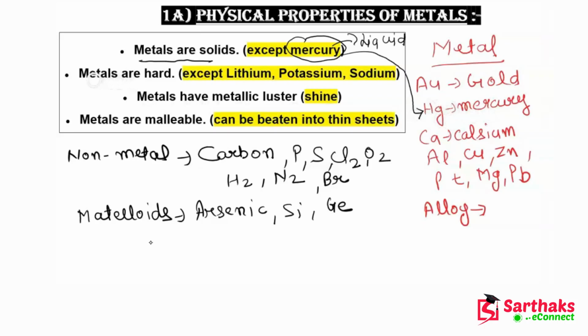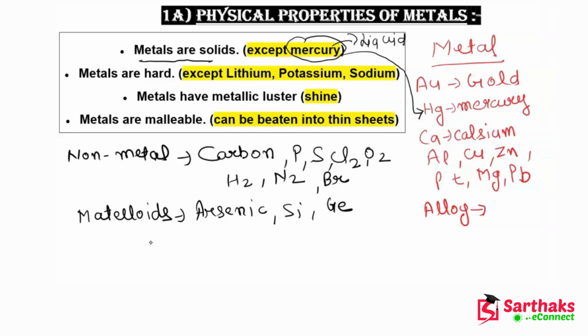Okay, now guys, metals are hard. You can see that most of the metals around you are hard, but there are some exceptions as well, because in chemistry exceptions are everywhere, so you should be ready for it.